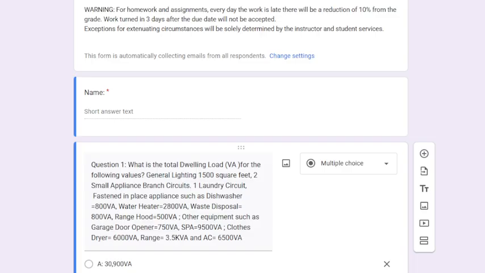And then I put another. And then after this part, that's when you add these.